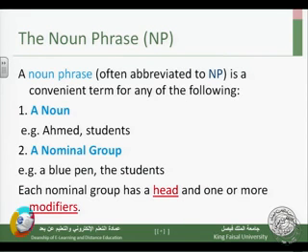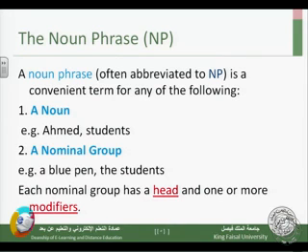So the first type of NPs is nouns, like Ahmed and students. The second type, nominal groups, like a blue pen and the students. And if you notice, these conform to our definition of phrases. So nominal groups contain one or more modifiers and a head.